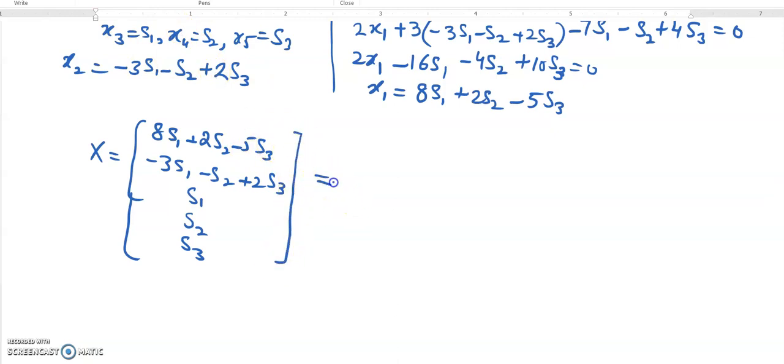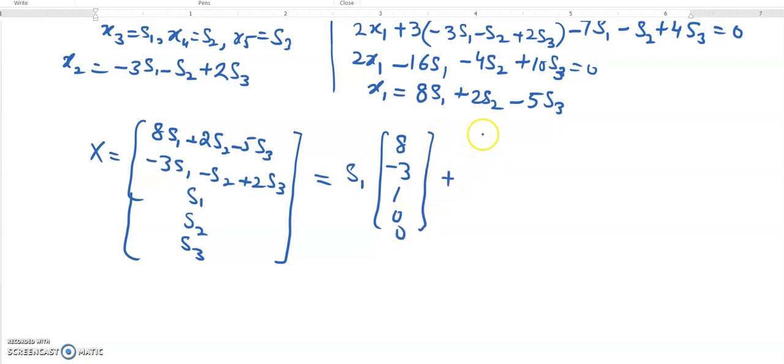So this solution can be written in the form of 3 vectors. The first vector will be multiplied by s1, so it will be 8, minus 3, 1, 0, 0.